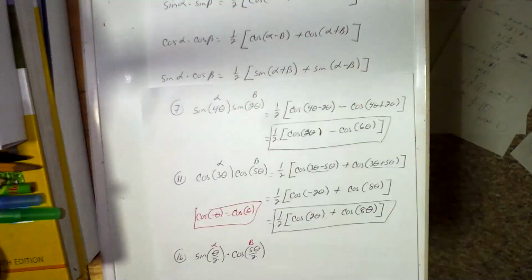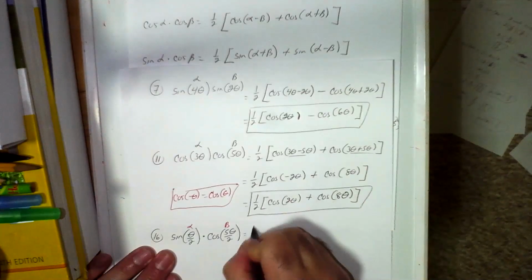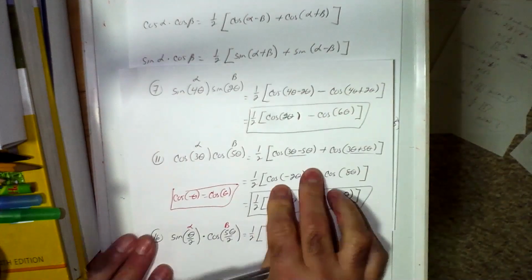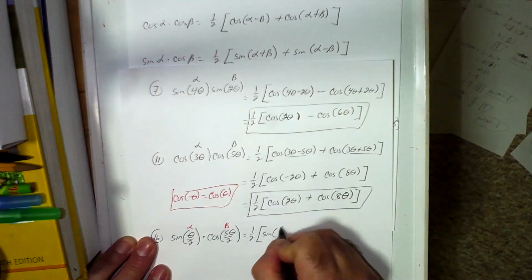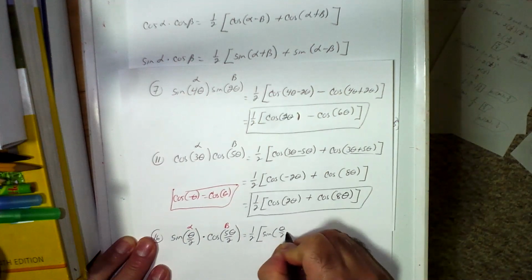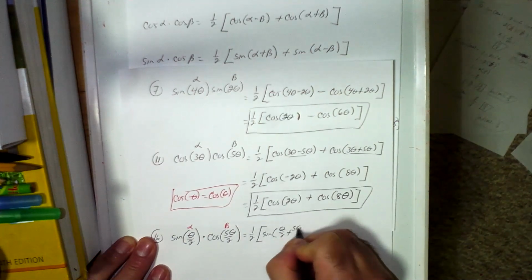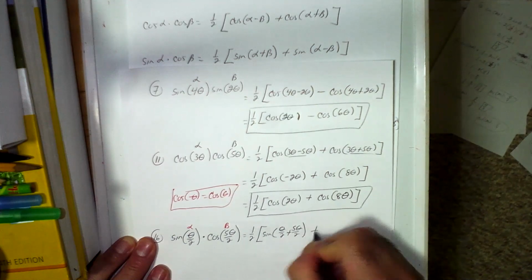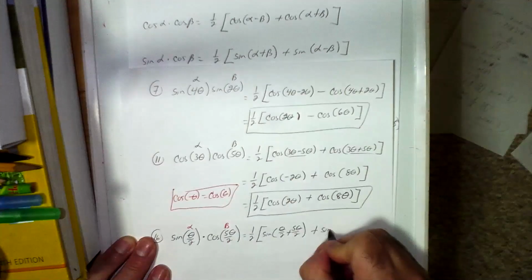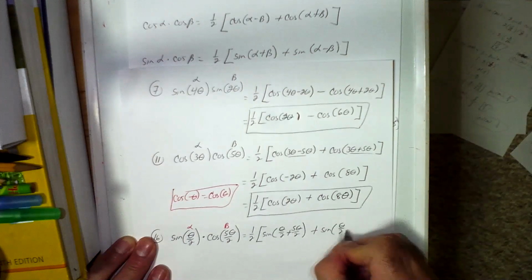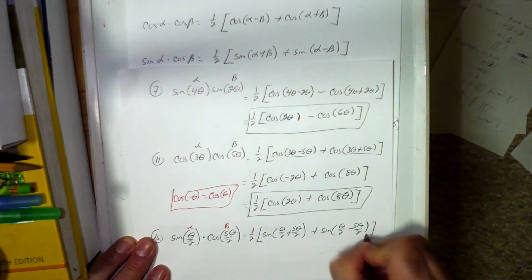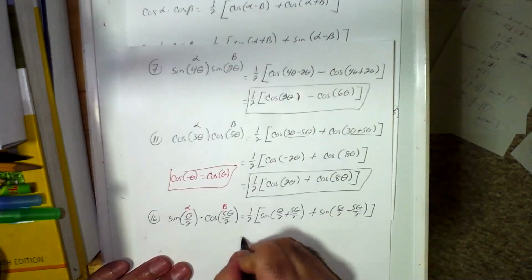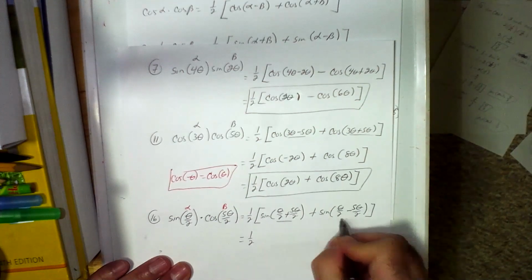Okay, so here we go. Let me write it down. So 1/2 bracket sine theta over 2 plus 5 theta over 2 plus sine theta over 2 minus 5 theta over 2. Right. And so we're going to simplify the parentheses.